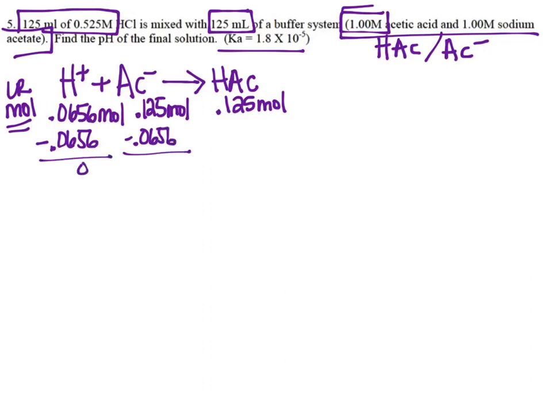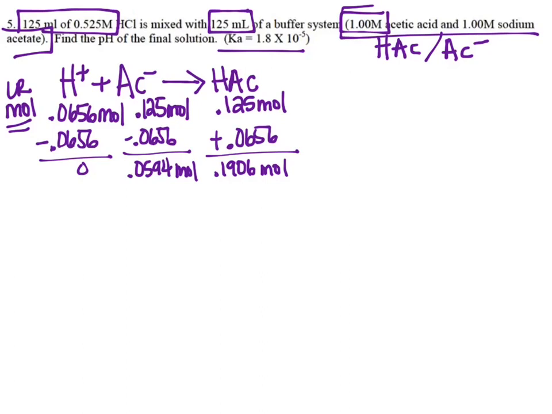But we're making some on the other side, so that many moles need to be added on that other side. Does that answer that question? Okay. So this is what we're left with. After the war, this is what's left standing.